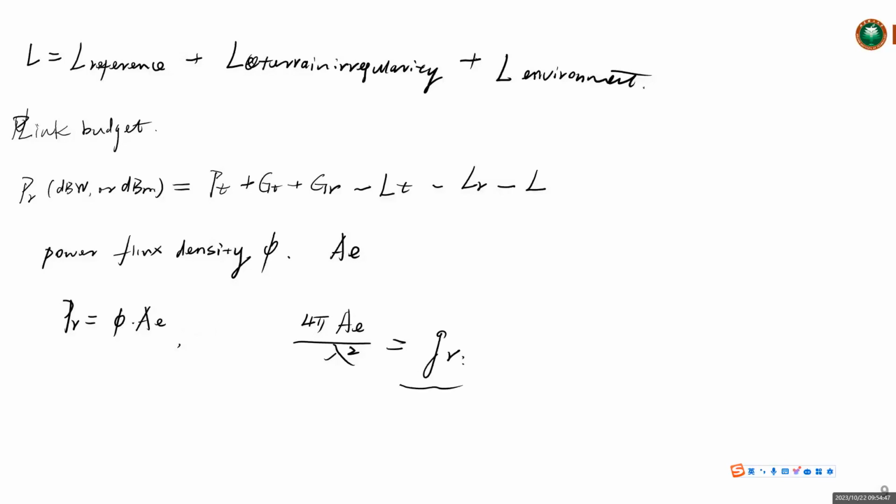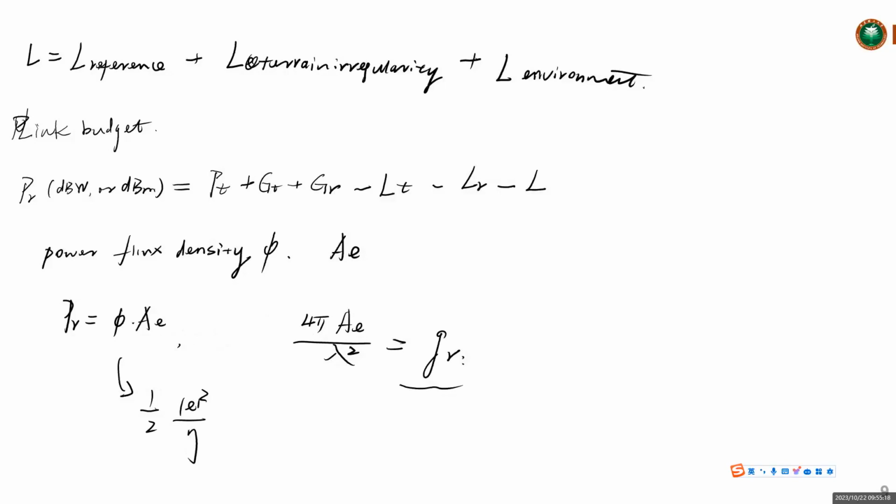And the power flux can be expressed as half of A squared divided by eta, where eta is the impedance and A is the actual field strength in linear range.